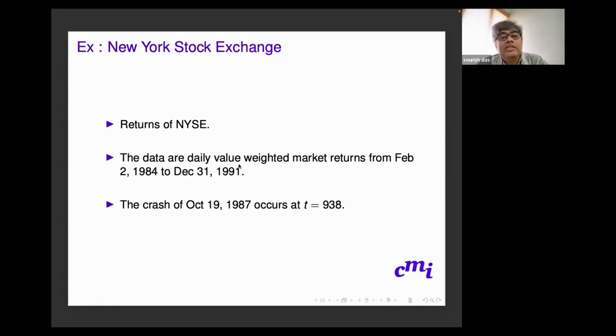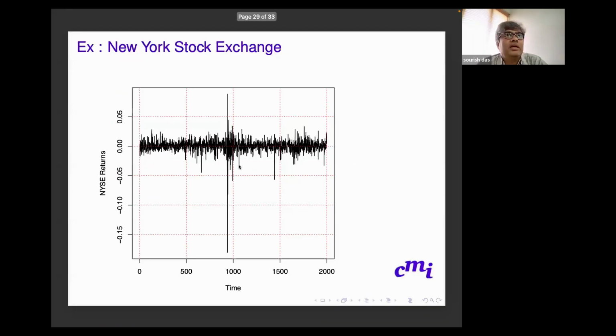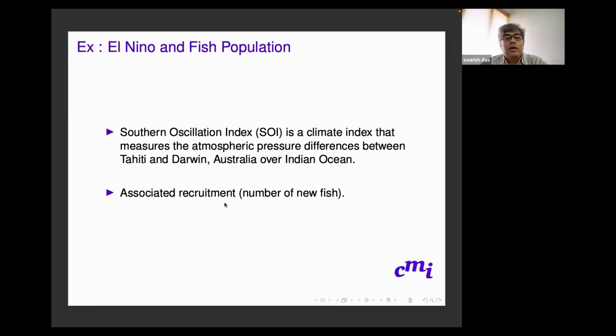So these are the log returns. The log return is basically you take the log value of the New York Stock Exchange, like S&P 500, and take the consecutive differences. That is called typically log return. And you can see that when the crash happened, it was really a huge outlier.